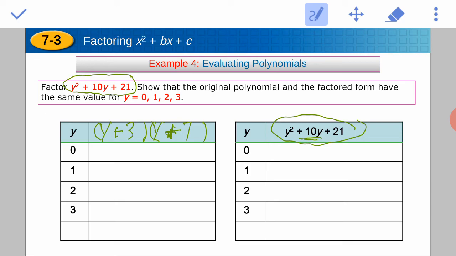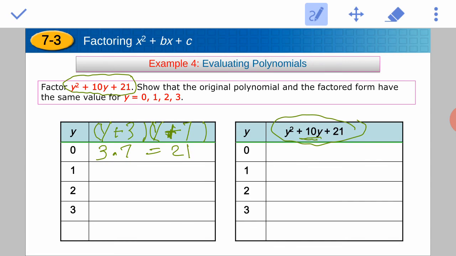We're trying to evaluate the original polynomial for particular values, and evaluate the factored polynomial for the same values. If your work is perfectly correct, you should end with the same answers, whether you use the factored form or the polynomial form. When you substitute 0 in the factored form, 0 plus 3 is 3, times 0 plus 7 is 7, and 3 times 7 is 21.